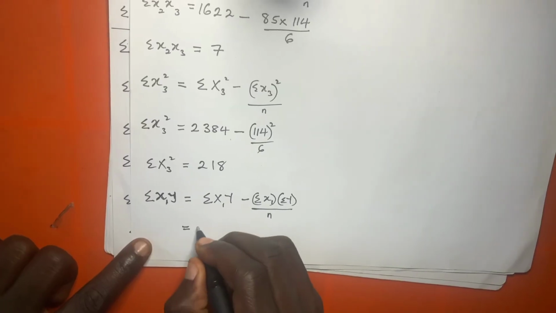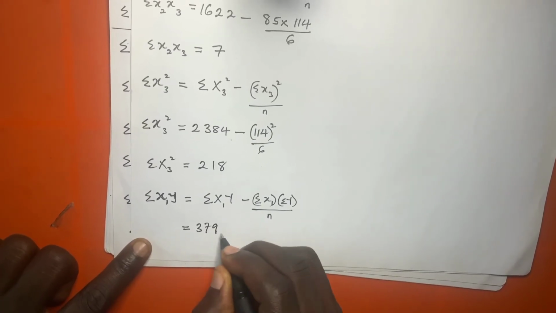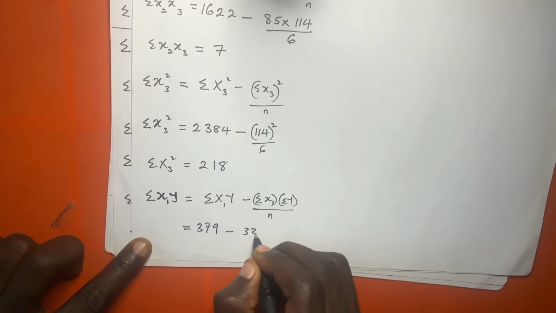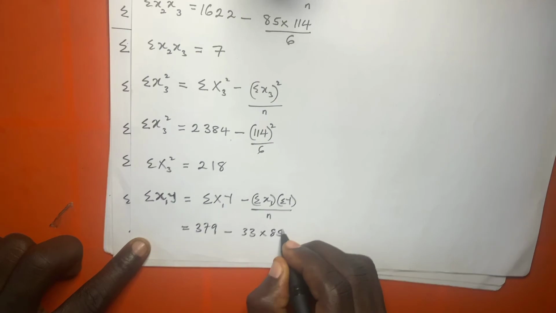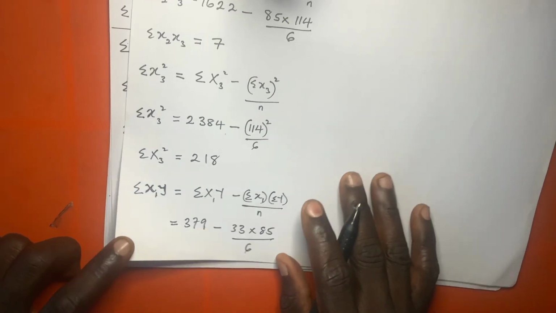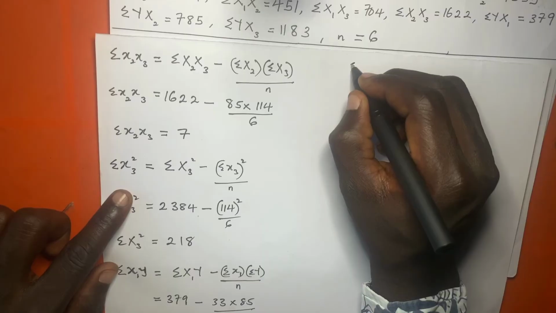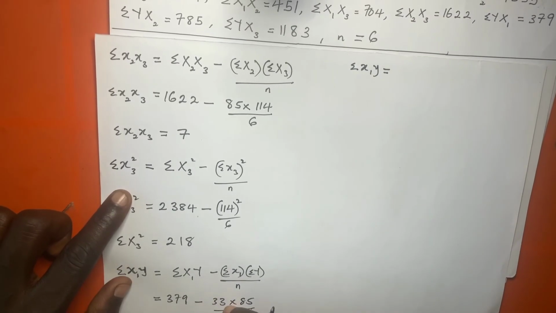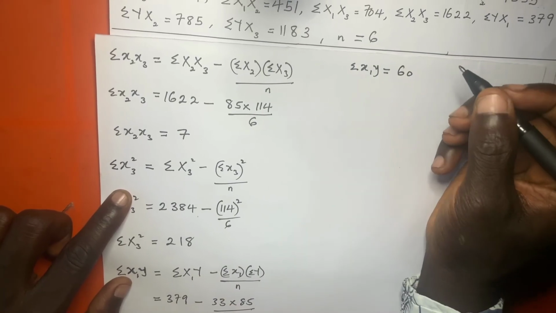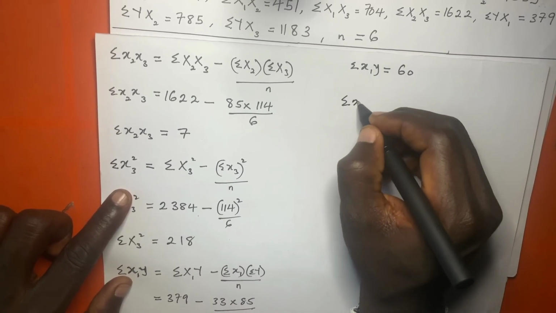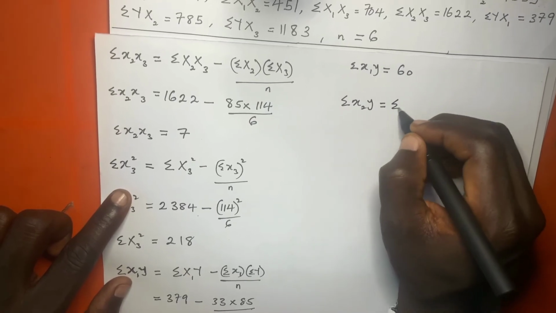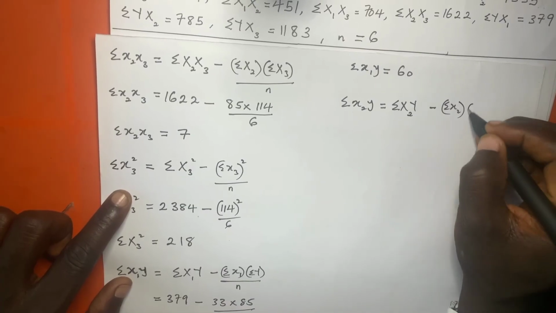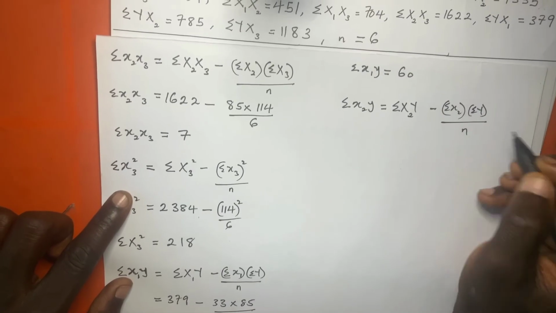So here we have 379 minus summation x1, which is 33, multiplied by summation y, which is 58, divided by 6. If we calculate all of this together, summation x1y is going to give us 16. Next we need summation x2y, which is summation x2y minus summation x2 multiplied by summation y divided by n.